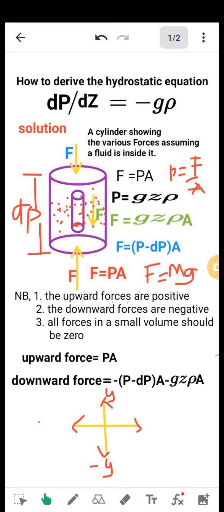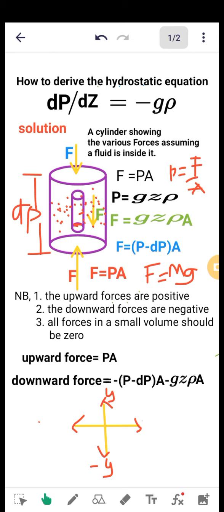So what at all do these values represent? My dP is actually the change in the pressure, whilst my dz is the change with respect to z, or the distance. My g is the gravity, my rho is the density of the fluid.